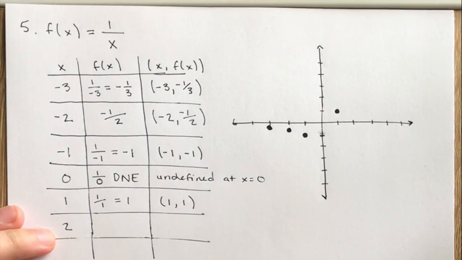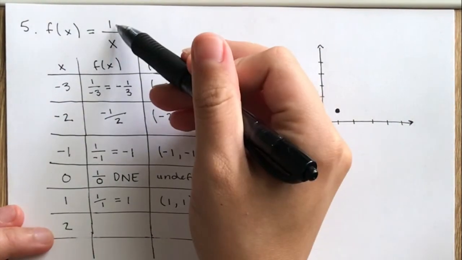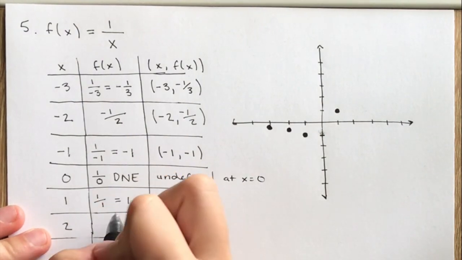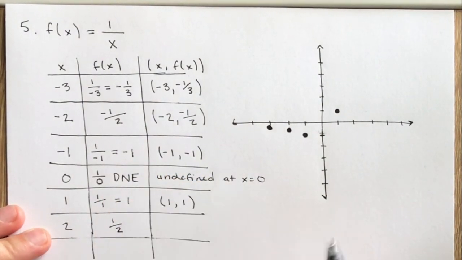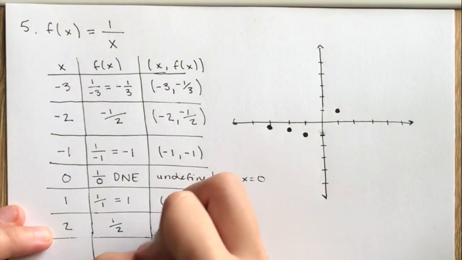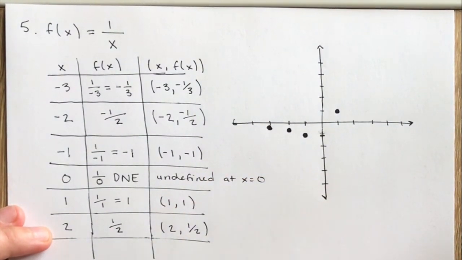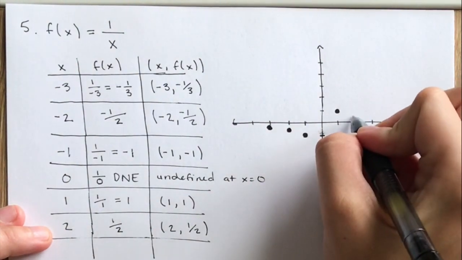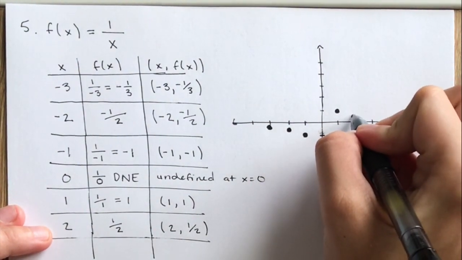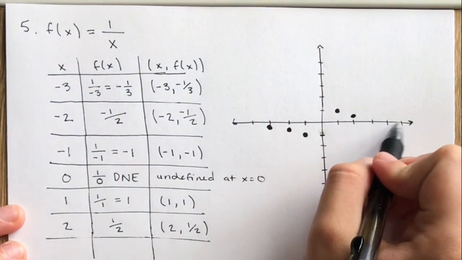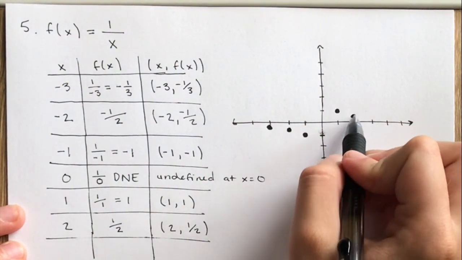Next, we've got 2. When we plug that into our relationship here, we've got 1 over 2, which is simply 1/2. So we've got 2, 1/2. So we want this to be about 1/2 here. And if we think about it, we are seeing this relationship where if we have 2, we've got 1/2.